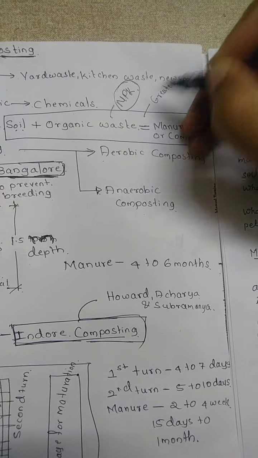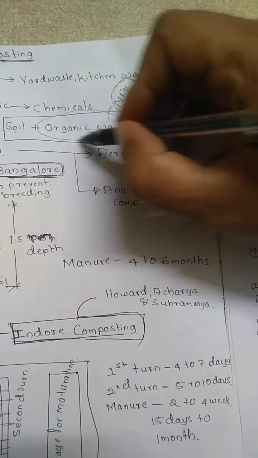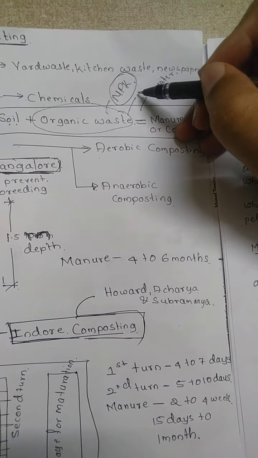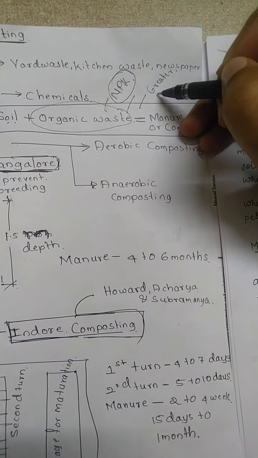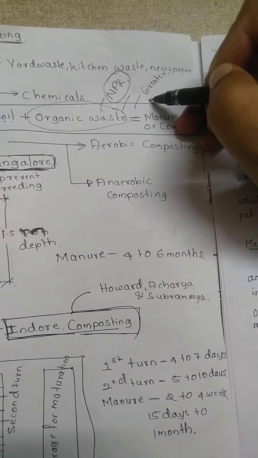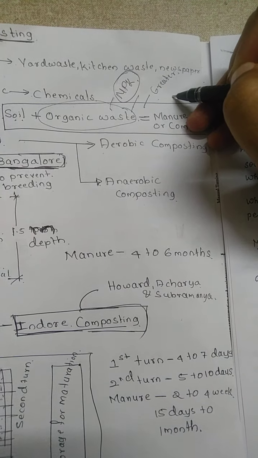So instead of throwing organic solid waste and creating undesirable environmental conditions, we utilize it as a better product for greater crop growth.